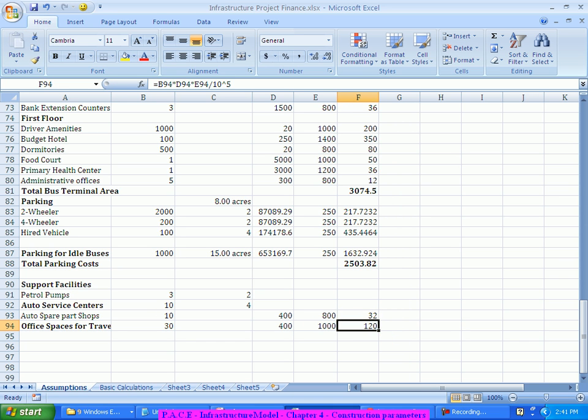So there's an extra cost of another 120 lakhs.